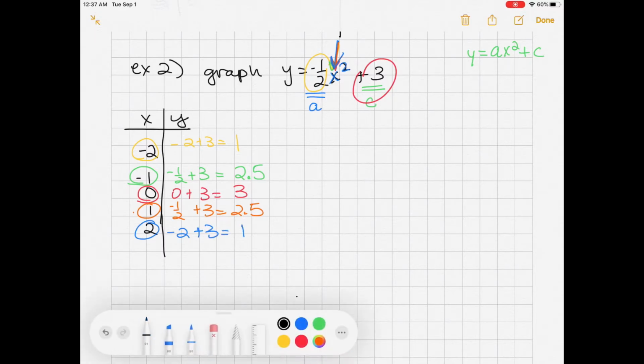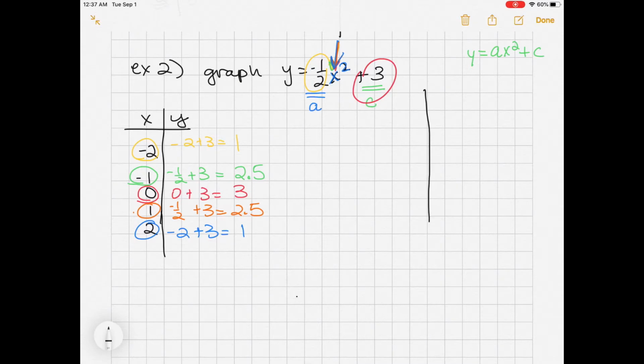So now we're going to use those values to plot our graph. So we've got negative 2 in the x direction and 1 in the y direction. So we go to the negative 2 and up 1 in the y direction. Plot that point. Negative 1 in the x direction, positive.